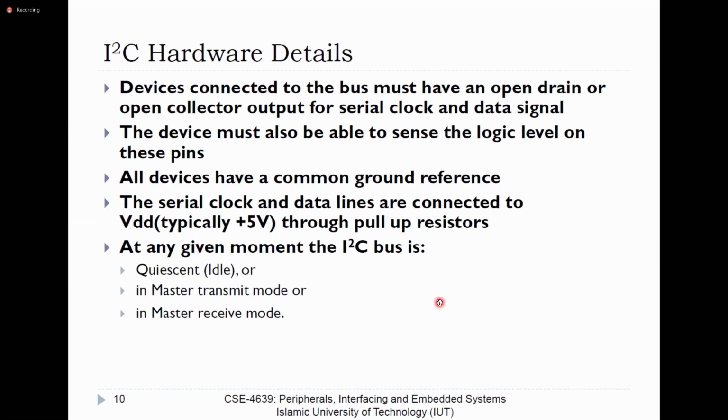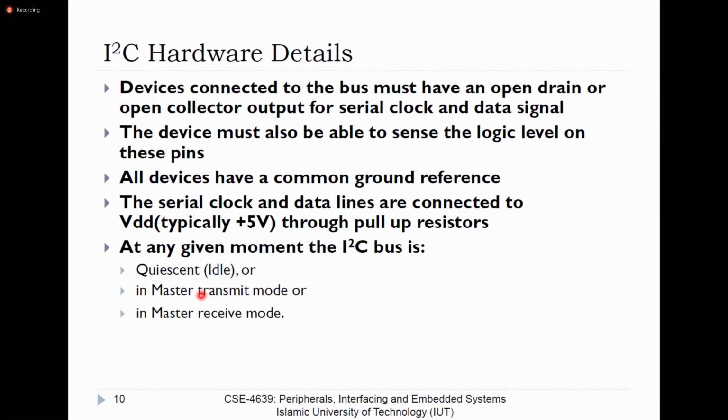As a whole, the inter-IC bus can be in an idle state, or we can treat the master node as being in the transmission mode, or in the reception mode. If we consider it this way, we can identify the status of the bus. If no one is transmitting, you can consider that the bus is in the idle state.